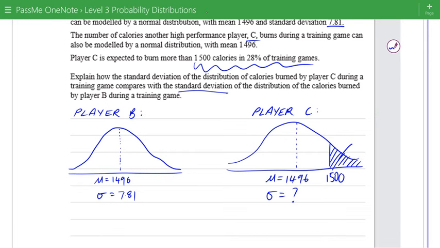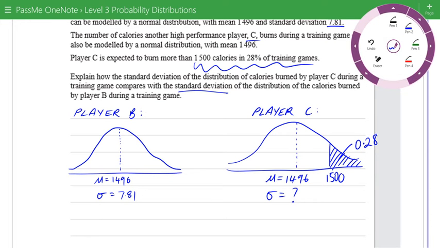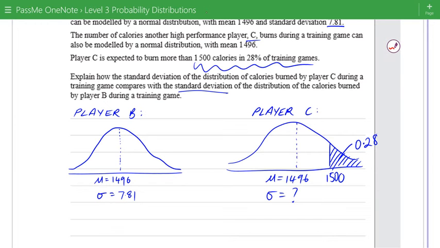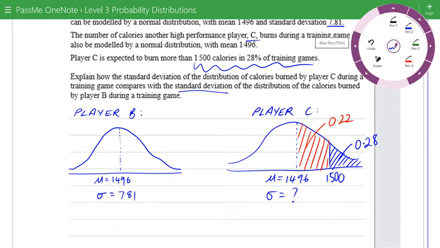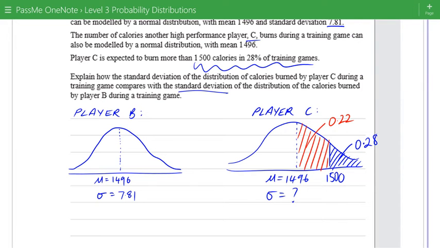So in other words, that area there will be equal to 0.28. Just one little thing I'll note here is that if that area is 0.28, then this area here is going to be 0.22, and I'll explain why that's important in a minute.